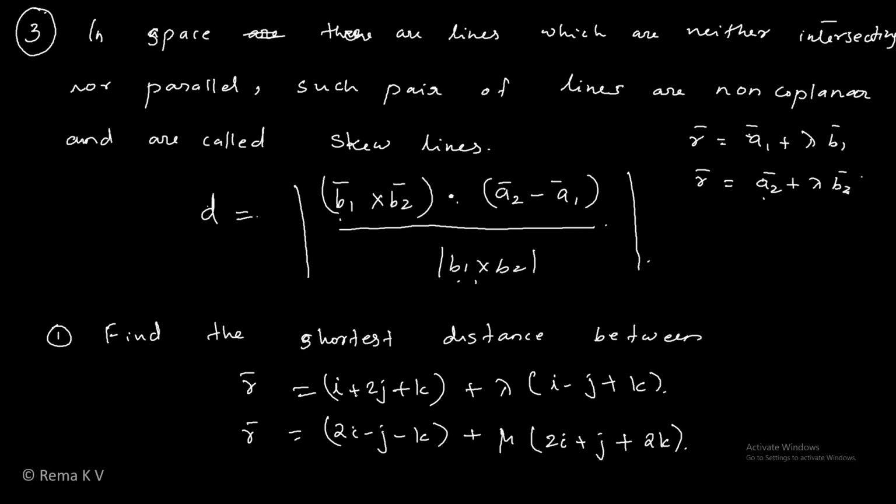So here this is of the form a1 plus lambda b1, and this is a2 plus mu b2.